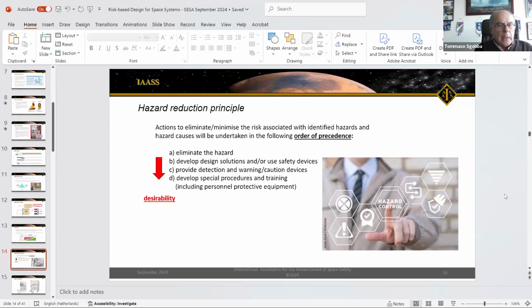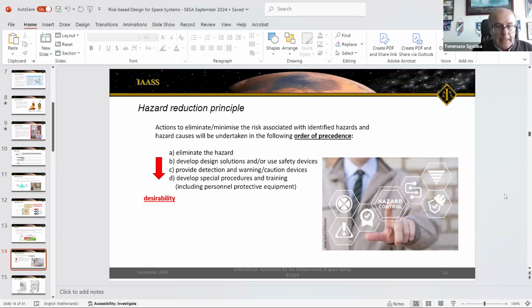Then what you do, and the priority, is to develop design solutions that mitigate the risk. If you have difficulty developing design solutions, or together with design solutions, you can provide detection and warning, which goes under the category of operational hazard control. Now I tell you, be careful, okay? And you will operate being careful not to cause a problem.